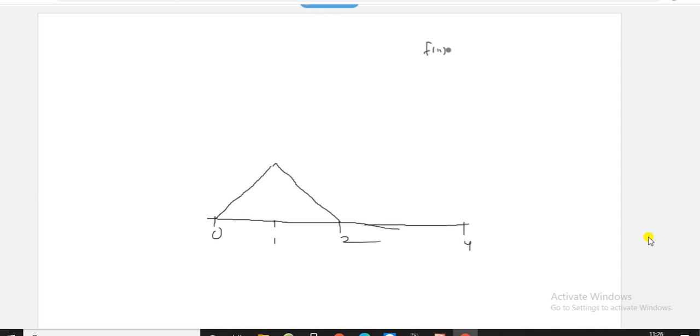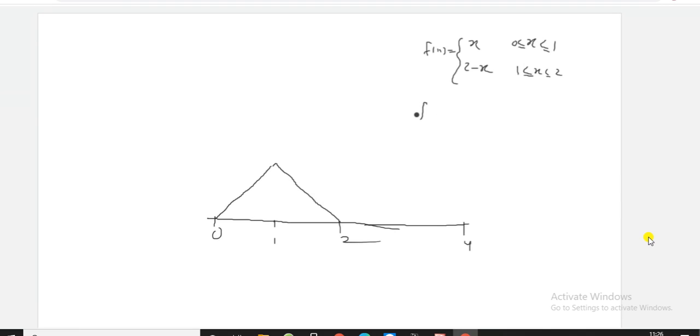So yeah, this is your 0, here is your say 2, here is your 4, in between here is your 1. So this was the graph in between 0 to 2. f(x) is equal to x and 2 minus x, when x lies between 0 and 1, and when x lies between 1 and 2.